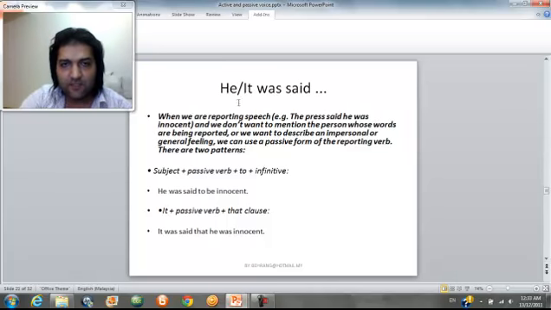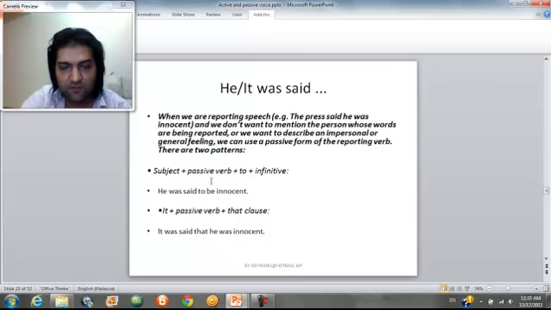Well, our next topic is he was said, it was said. When we're reporting speech, for example, the press said he was innocent, and we don't want to mention the person whose words are being reported, or we want to describe an impersonal or general feeling, we can use a passive form of the reporting verb.